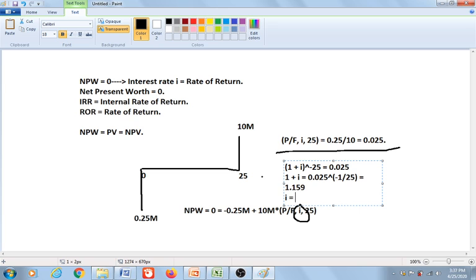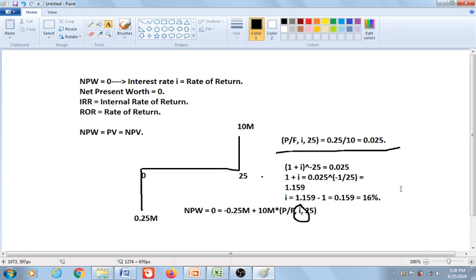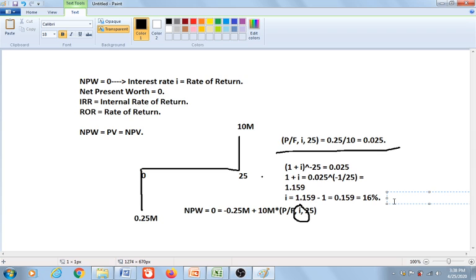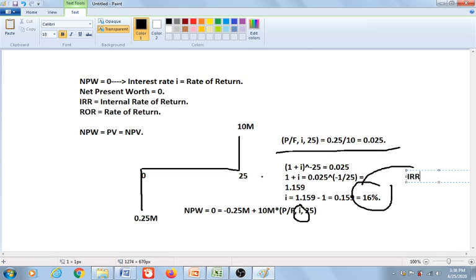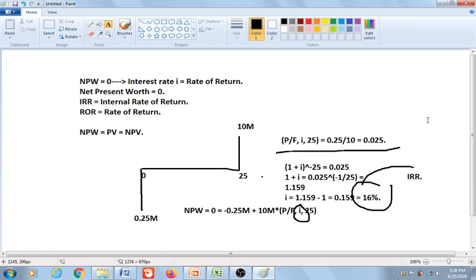I equals 1.159 minus 1, and that equals 0.159, or just about 16%. So that is the first way to calculate I, your rate of return. The rate of return is 16%. So this is the I. This is the IRR, or the internal rate of return.